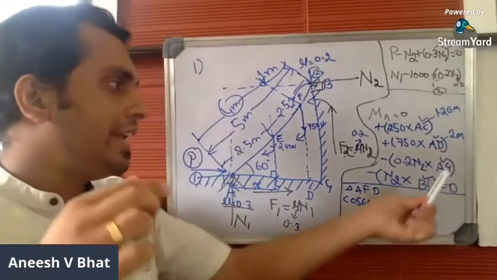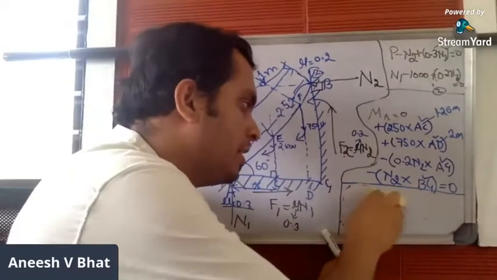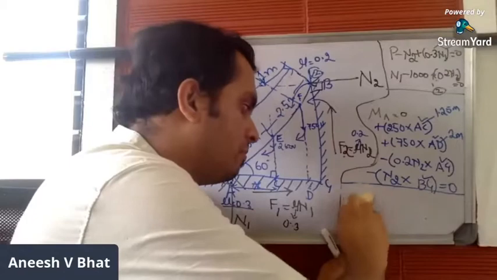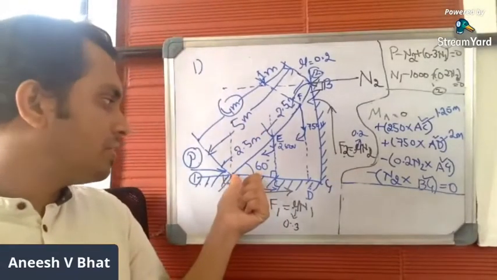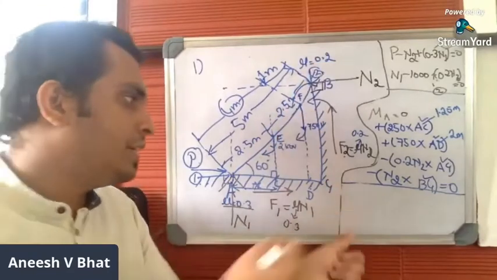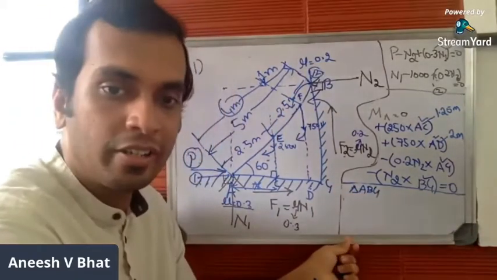So we need AG and BG similarly, which can be found by considering a single triangle. The last triangle you can consider is triangle ABG, the last right angle triangle.